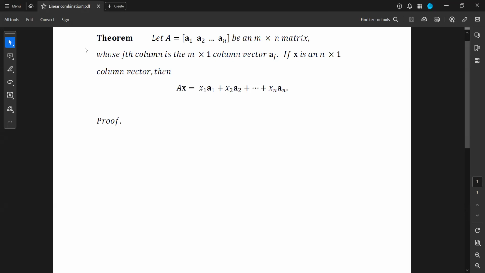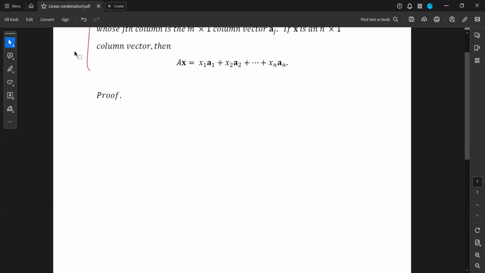You probably saw this before, but what does the product of a matrix and a vector mean? The statement is, if you have a matrix A with n columns, and a vector x, and we know the product Ax is well defined, the product means a linear combination of vectors A1 to An, where each vector is multiplied by a scalar.